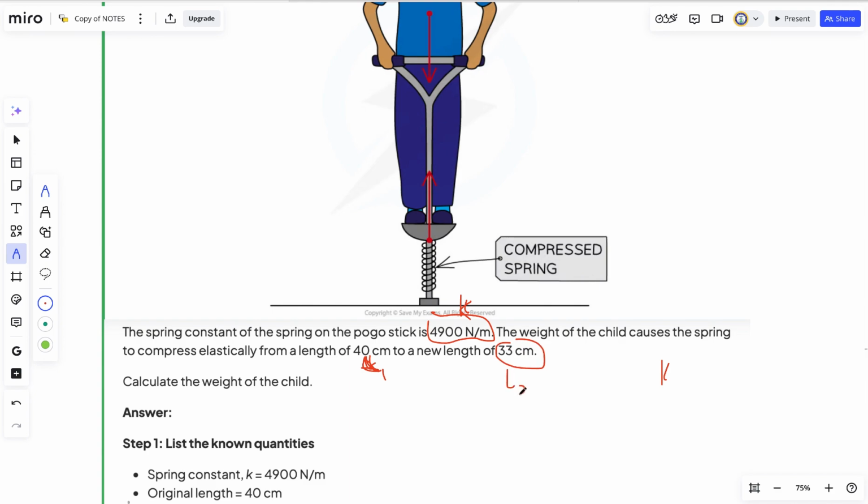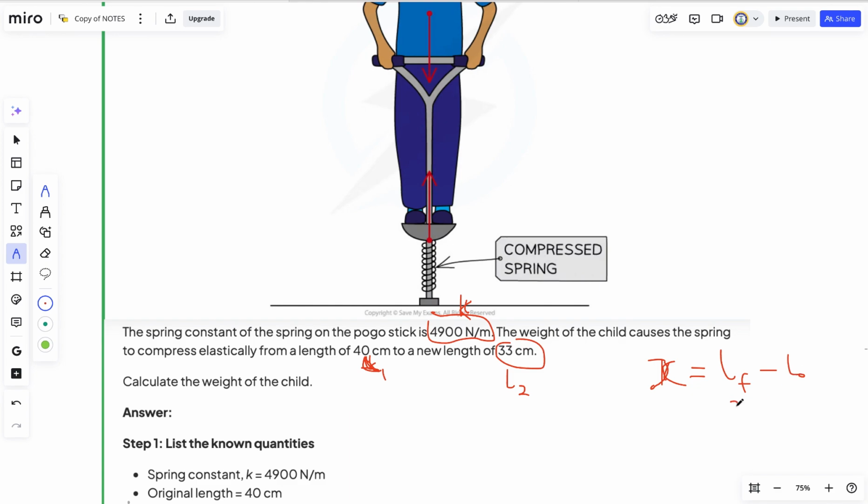So the first thing we do is to calculate the extension, because this question did not give us the extension. How do we calculate extension x? Extension is the final length of the spring, L final or L2, minus the original length, L1. So this is for the extension.